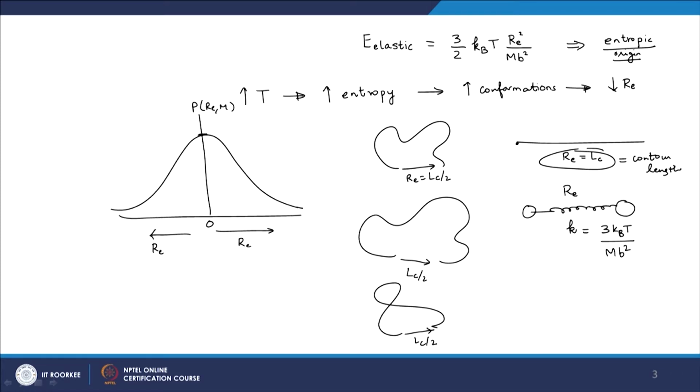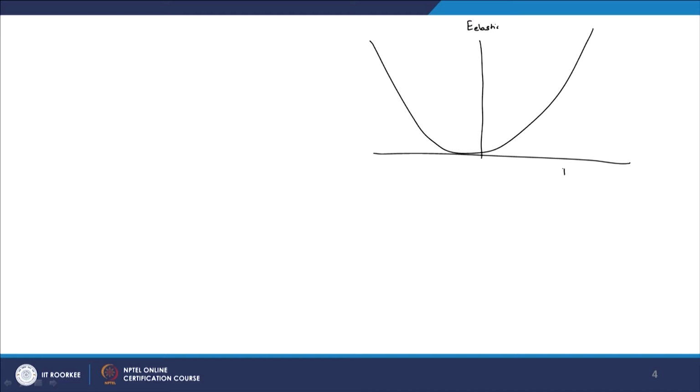That is not prevented in the model we discussed. In our case, if I look at the elastic energy, it does increase as the Re increases, but nowhere do we say that there has to be a physical limit on how far the Re can go.